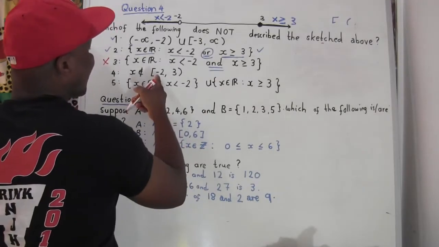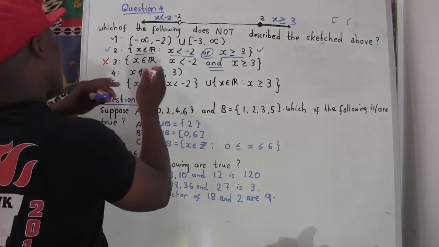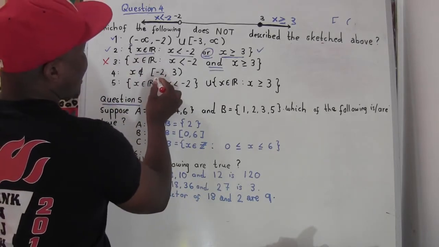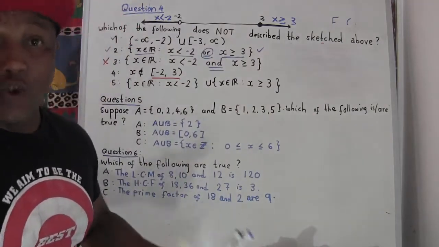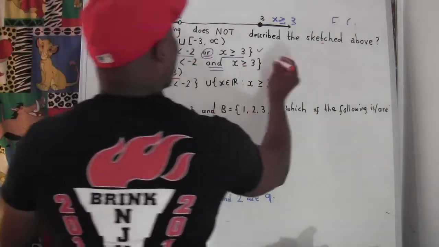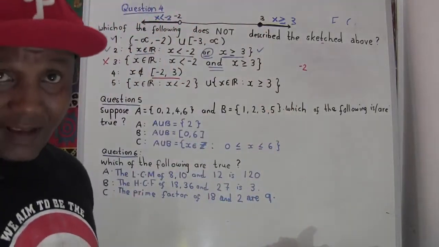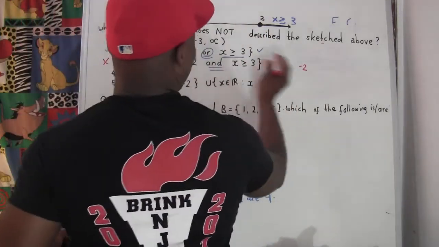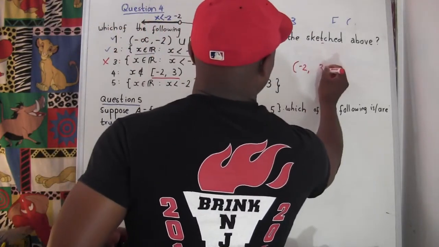So these people say we have it if x, okay, don't worry about this. From -2 to 3, look, from -2, do you have any data? No, we don't. So if we say -2 to 3 is not the set of what they gave us, then -2 is excluding, and 3 is including.